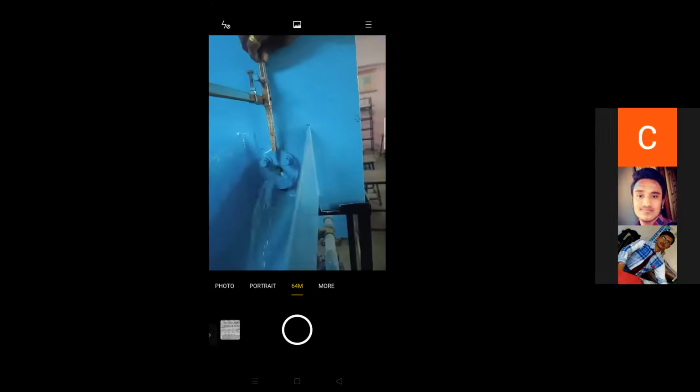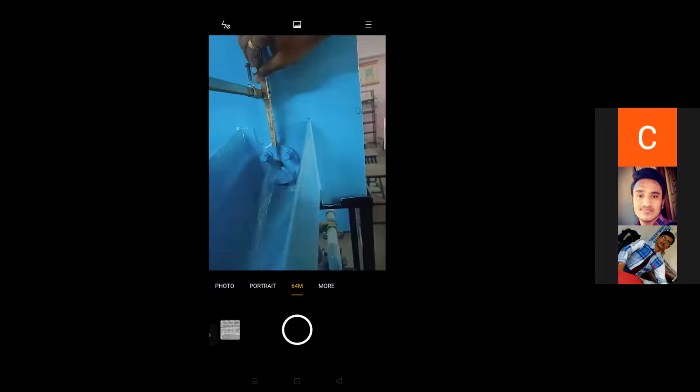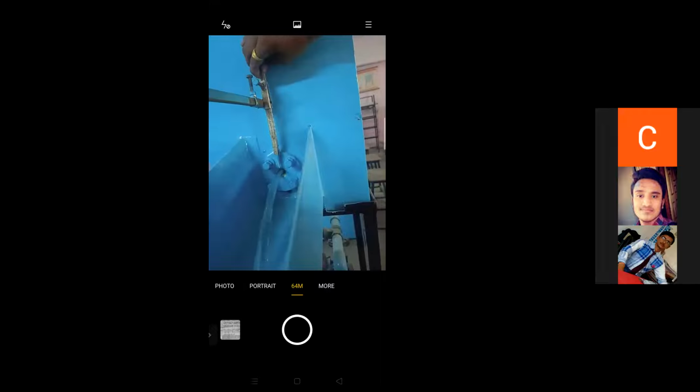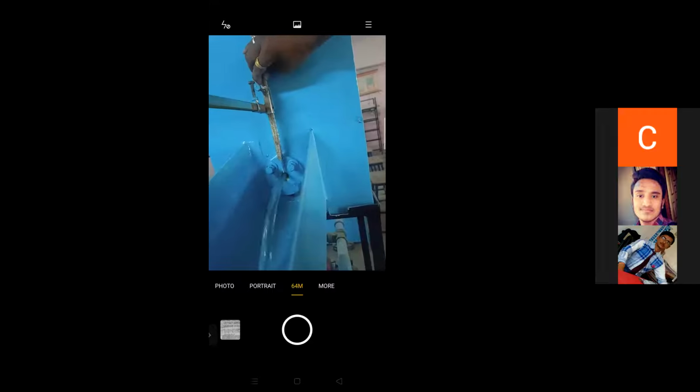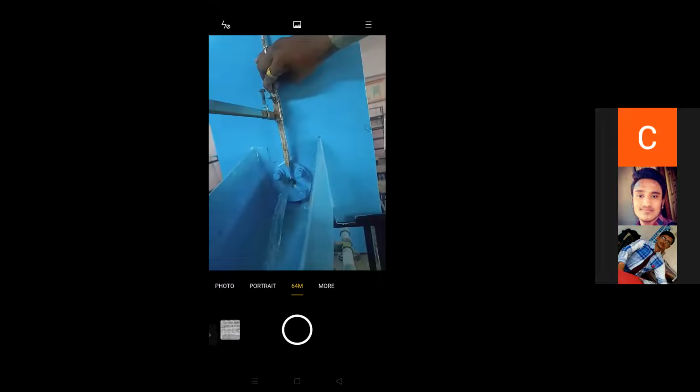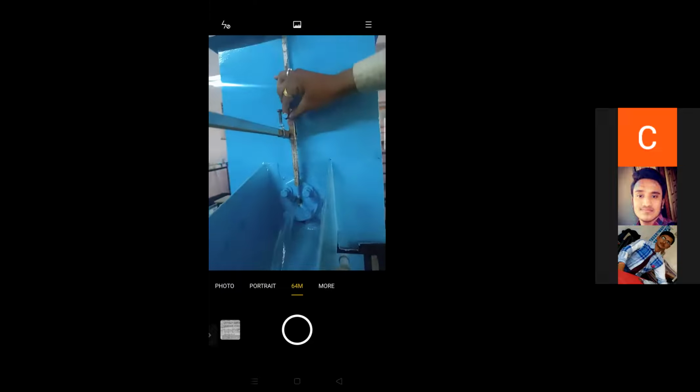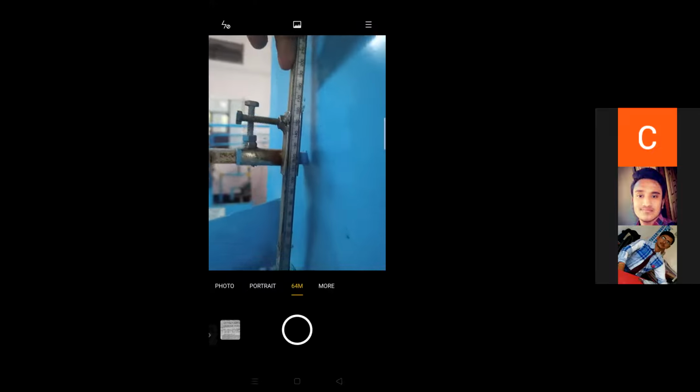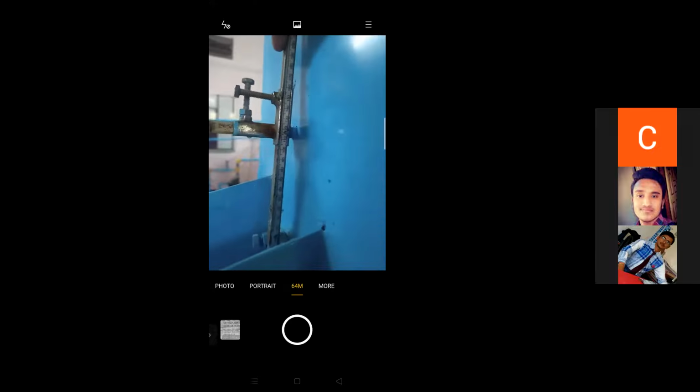It should be at this point, right? Here we can note down the initial reading of Y1. We can see the pointer here. The value of Y1 is 115. Okay, so note down Y1 as 115. That initial reading will be the same.